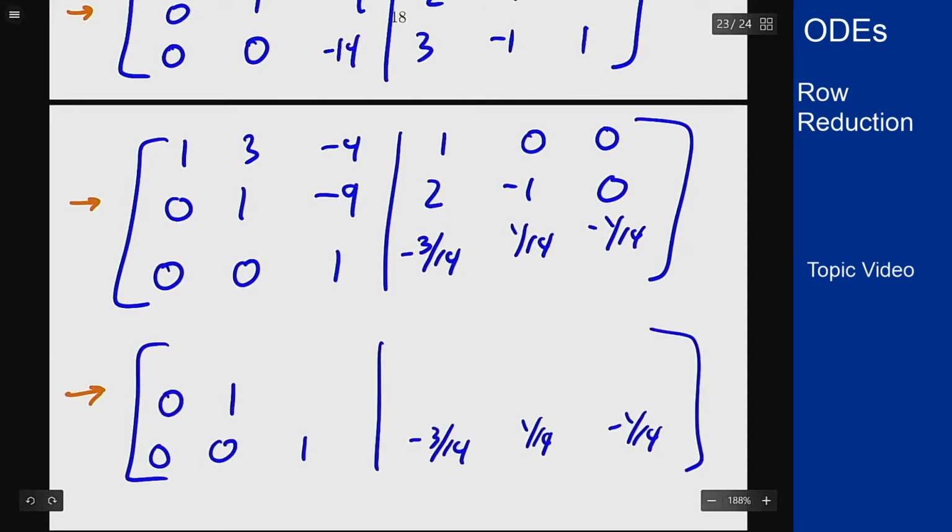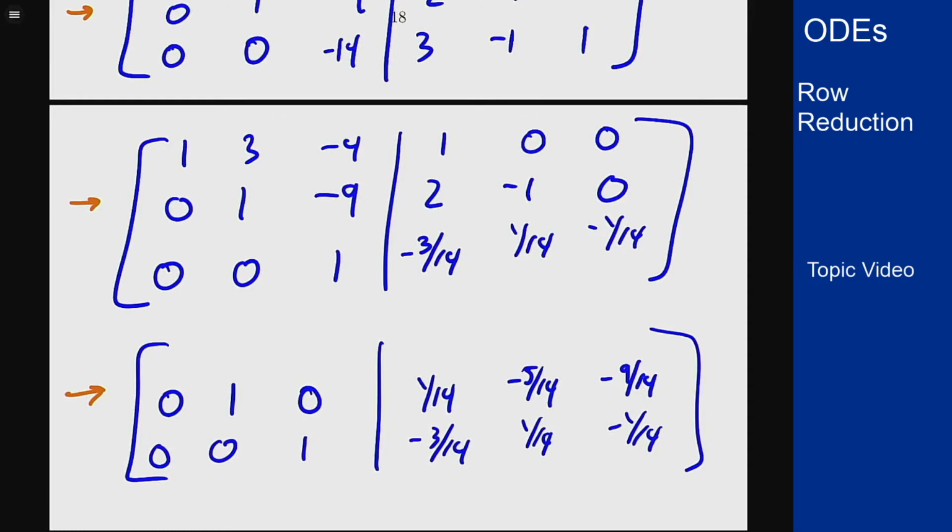I can add 9 copies of row 3 up to row 2. Put a 0 here. I'm adding, so I'm getting 2 minus 27 over 14, which is going to put a 1 over 14 in that slot. -1 plus 9 over 14 gets me a -5 over 14. And that just adds a -9 over 14 to that spot.